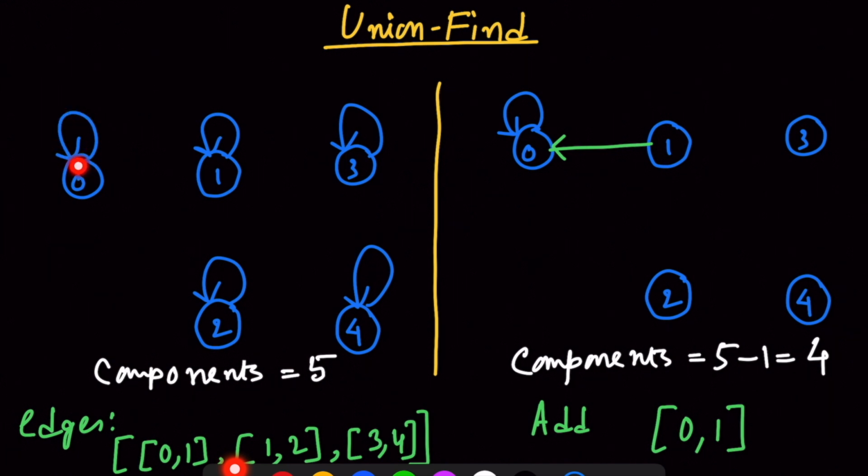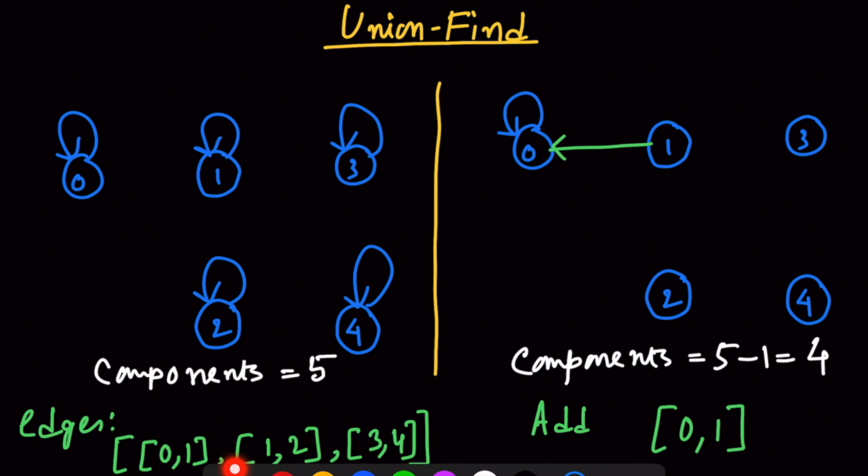If both have different parents, they belong to different components. Let's say 0 has rank 1, 1 has rank 1. In this case 0's parent can become 1 or 1's parent can become 0. Let's say 1's parent will become 0.